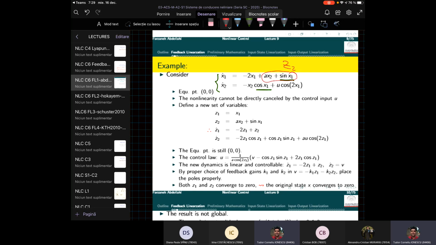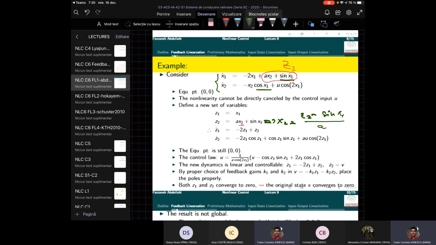Why? Again, you see, it's not an easy job. So Z2 is ax2 plus sine x1. Then you can extract x2 from this one, which is Z2 minus sine x1 over a.